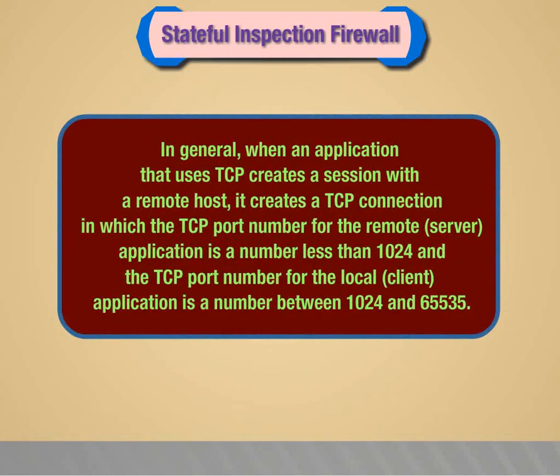In general, when an application that uses TCP creates a session with a remote host, it creates a TCP connection in which the TCP port number for the remote, that is server, application is a number less than 1024, and the TCP port number for the local, that is client, application is a number between 1024 and 65,535.